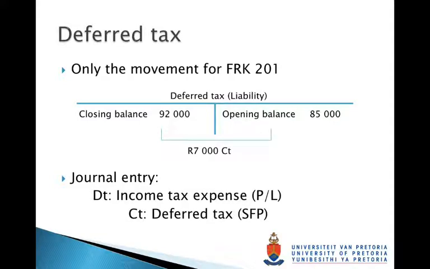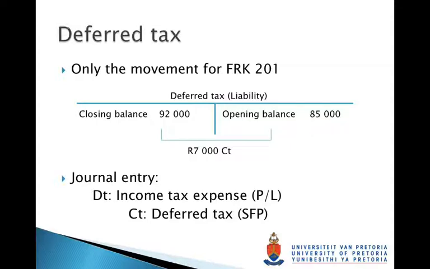And then I've told you we only do the movement for FRK 201. And what is the movement? The movement is the movement between the opening balance and the closing balance. If we look, for example, I tell you that you have an opening balance for deferred tax liability of 85,000 Rand, and now you have a closing balance of 92,000 Rand.